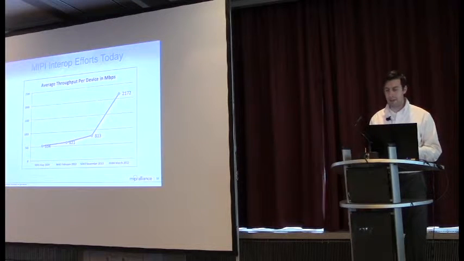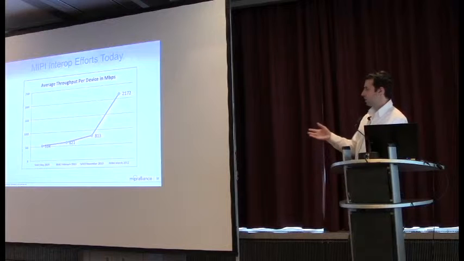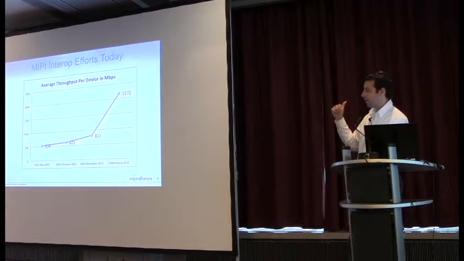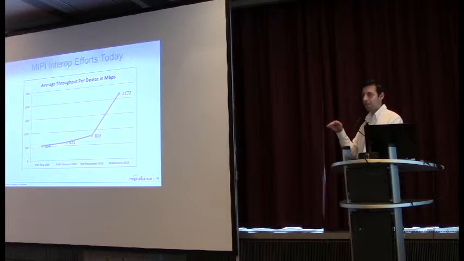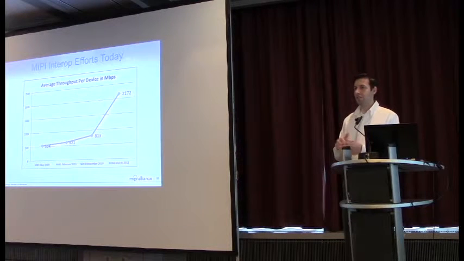But not only are they getting faster, but also their overall throughput is improving. So what this chart shows is the total throughput that devices are capable of for each test case at the past 4 interop workshops. And so for the first 3, you see that they are steadily increasing. And that kind of matches what we saw on the previous slide, that, well, devices are getting faster.